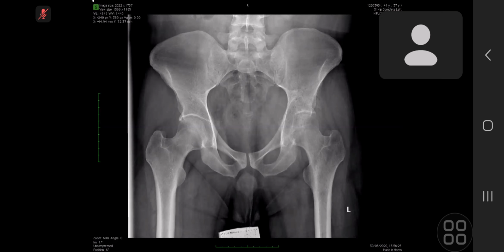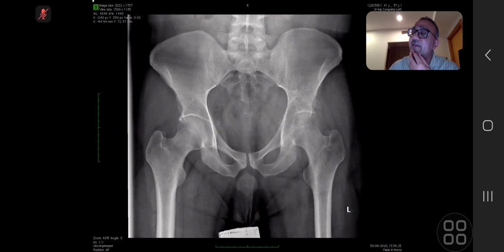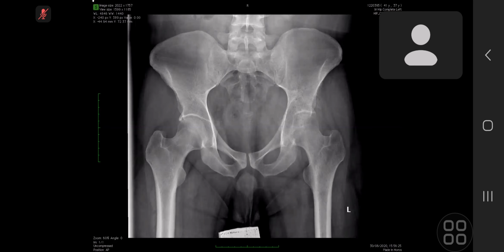I can appreciate there is abnormality in the left hip joint with reduced joint space. There is sclerosis of the femoral head. There is cortical irregularity. Cortical irregularity where? Just be specific in your description. Cortical irregularity of the femoral head.